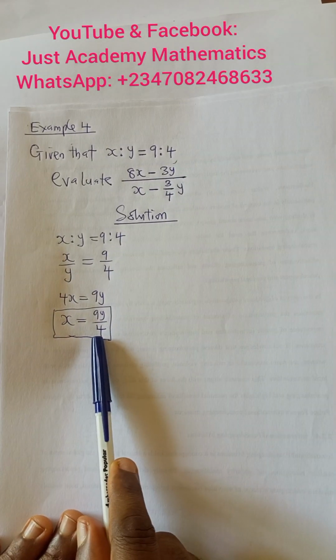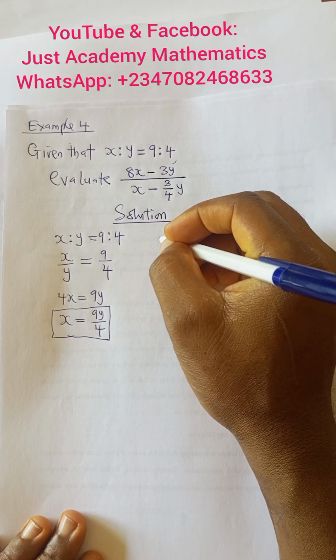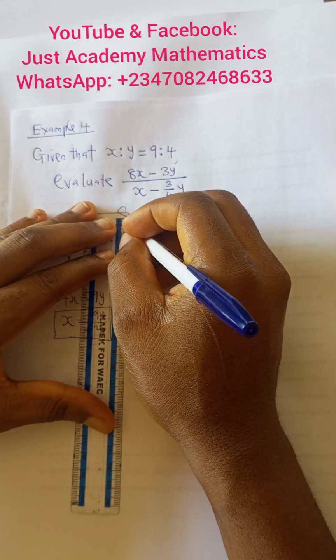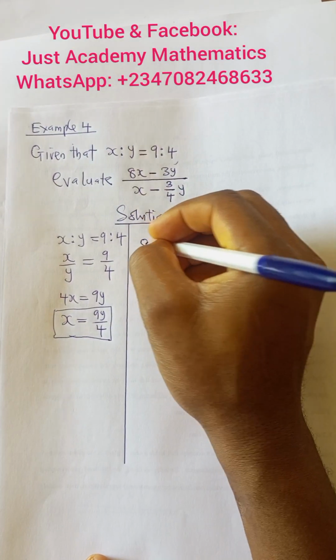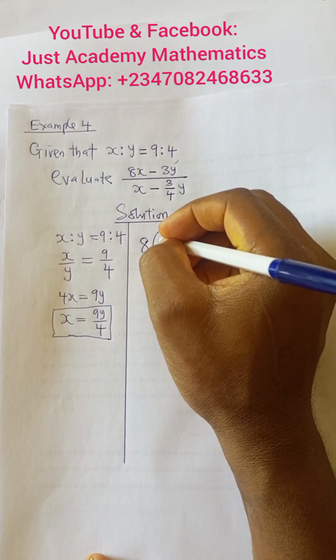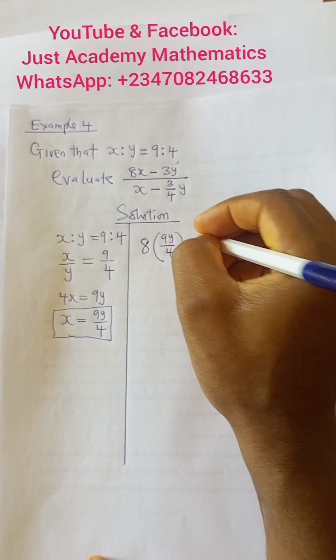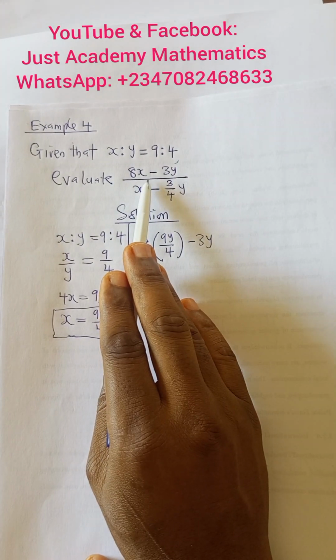So since we know that this is S, we can put it here. Remember that in this place where we have 8 times S, what is S? 9Y/4 minus 3Y. This divide, please follow me, don't get confused.